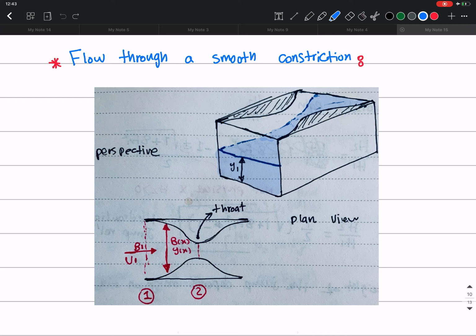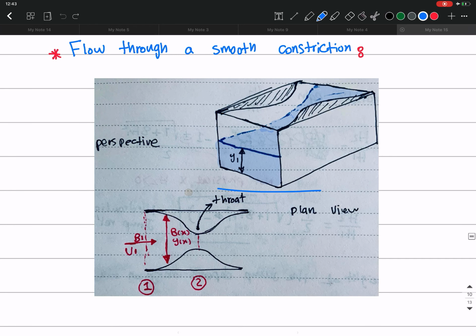Okay, so now we want to investigate what happens as the water goes toward this constriction. This is a perspective view, a three-dimensional view, and here you can see a top plane view. If you see it from top, this is what the constriction looks like.